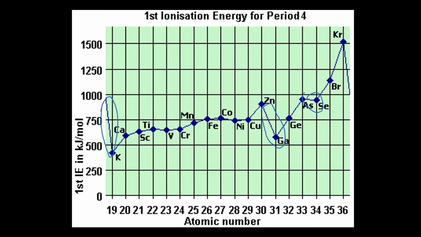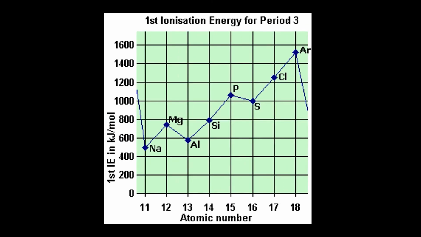First drop, second drop, third drop. And then I have another example. This is the ionization energy for period 3. There's also a first drop, second drop, third drop. This one is just the same as this one, so it occurs every time.